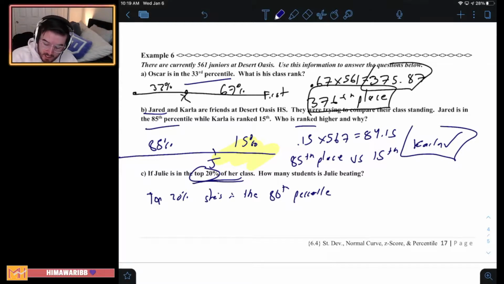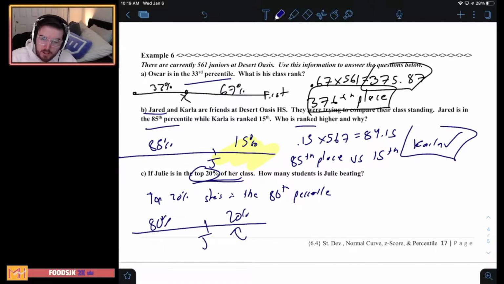Here's Julie, 20% ahead of her, 80% behind her. The answer, 0.2 times 561, which gives you 112.2. So basically, she's in 113th place.